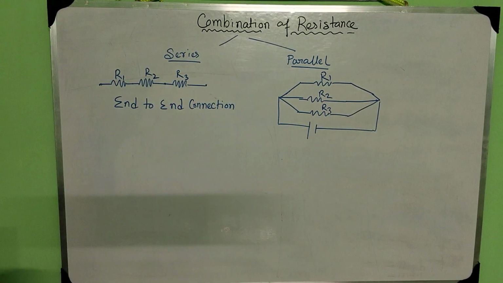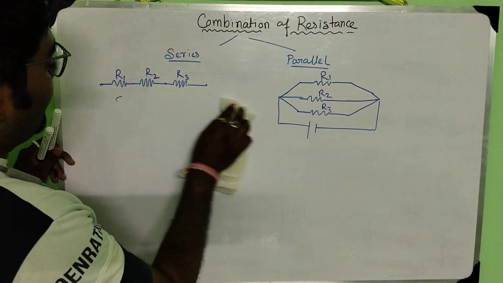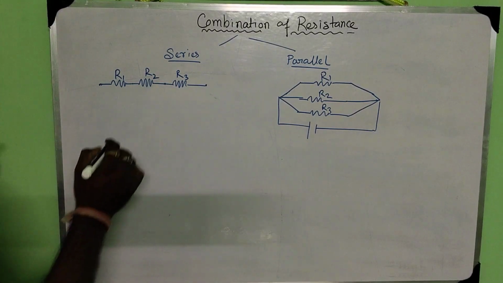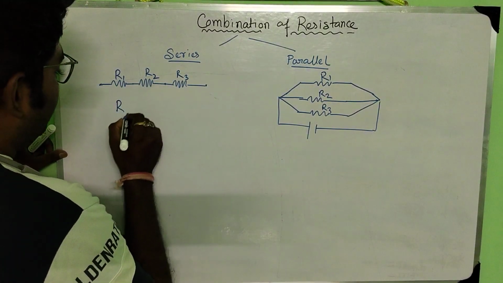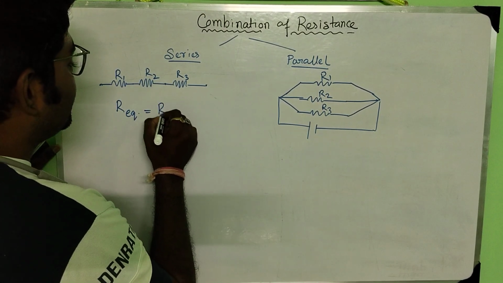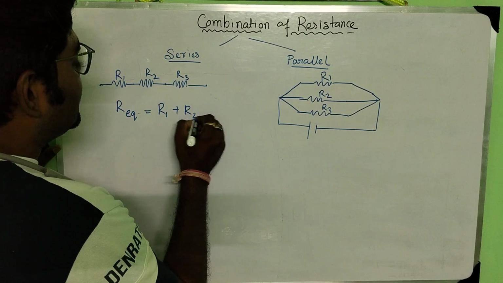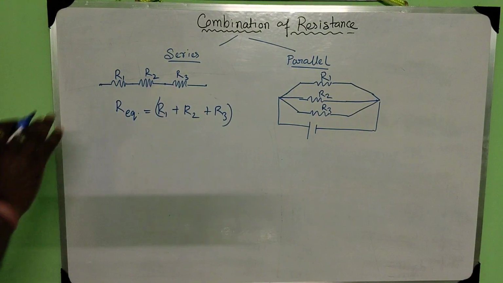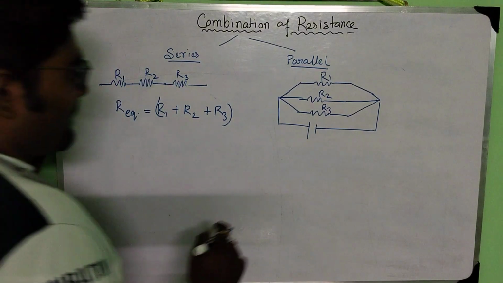We all know from class 10 that we have already dealt with this kind of question. We know what is series and what is parallel. For finding the equivalent resistance in series, it equals R1 plus R2 plus R3, just the addition of the resistances.